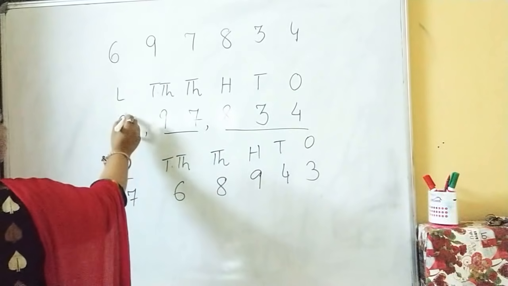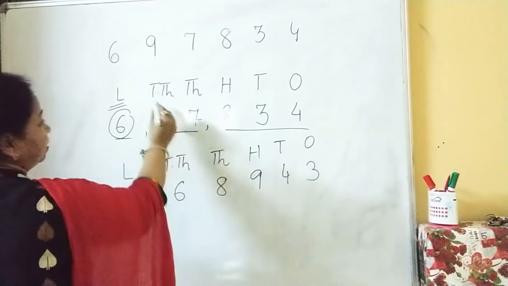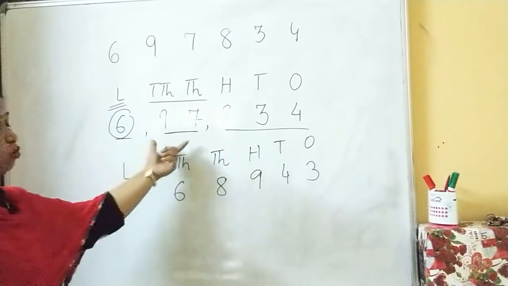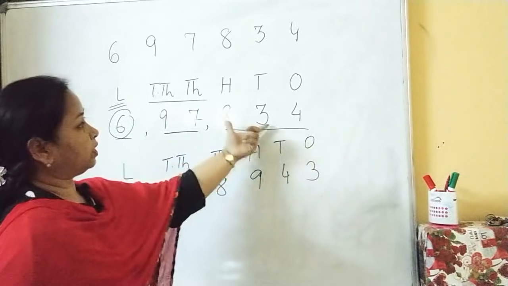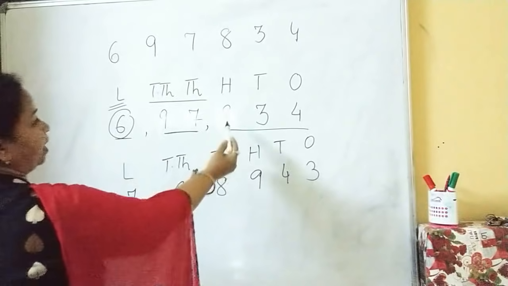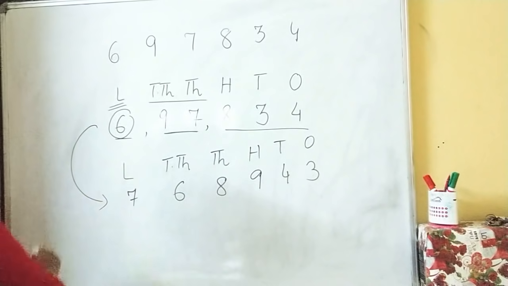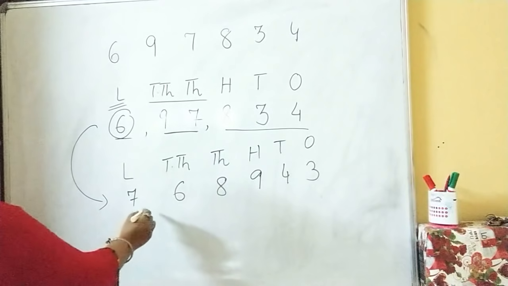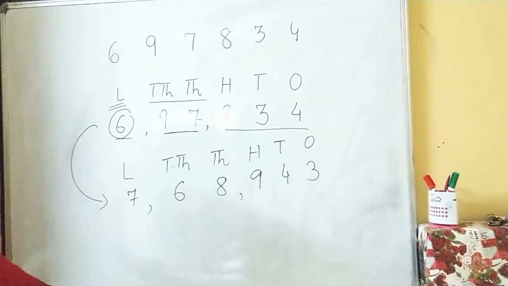Once again, 6 is at lakhs place, 97 at 1000 place, so the value becomes 97,000, and 834 together in this column, so we read this as 834. The number after the game has changed to 7,68,943. I hope gradually things are getting clear.